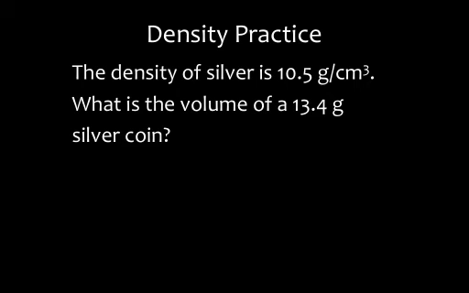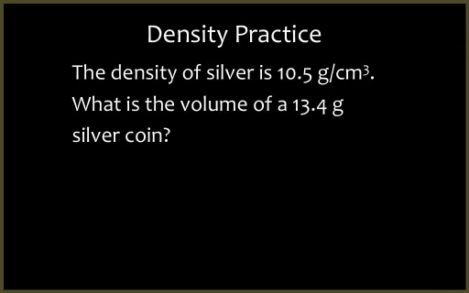Okay, so 2 quick problems here. The first one is the density of silver is 10.5 grams per centimeter cubed. We want to know what is the volume of a 13.4 gram silver coin. So we can use our density is mass divided by volume. So all I would have to do here is my density was given.